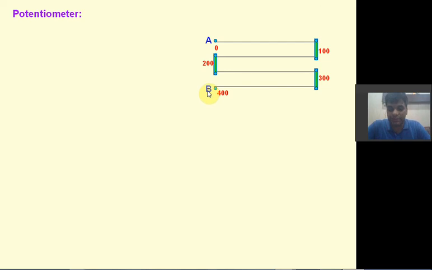This is the difference between meter bridge and potentiometer. Here we have taken 4 wires connected in series, each of length 100 centimeter. So the total length of this wire is 400 centimeter.